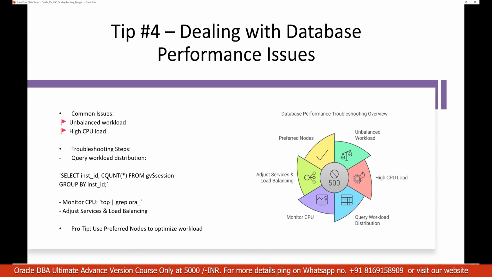So when you run these queries, you will find out how many sessions are active on a specific node, and after that you need to find out what you can do to get things balanced. Maybe sometimes it happens that one of the nodes was rebooted, and when the node comes up, all the connections might be on node 2 only.